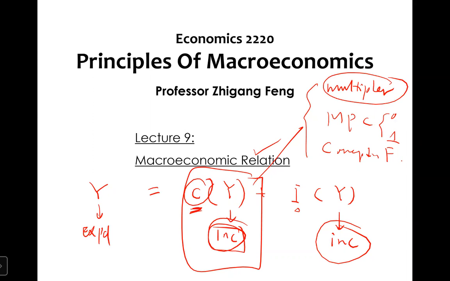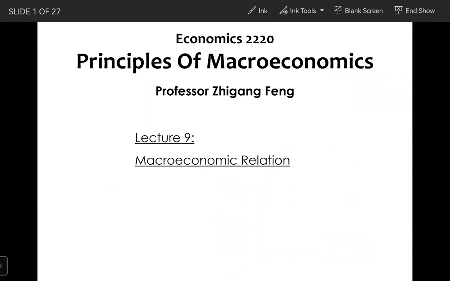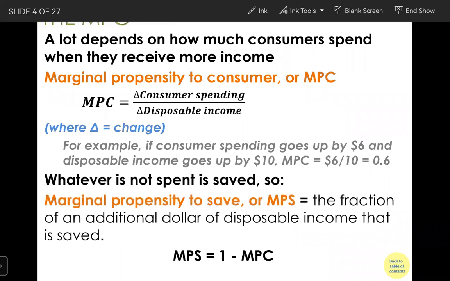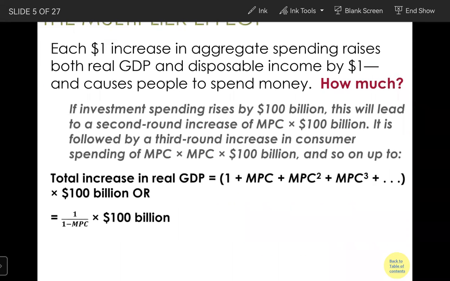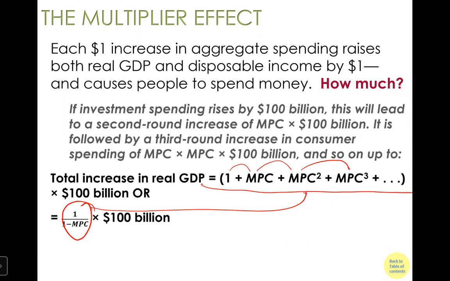Now let's go to the slides. That's pretty much what we discussed in the previous lecture. So where we are, we have learned MPC and the multiplier. Again, this multiplier equals the summation of this larger term, and each individual term reflects the connection.